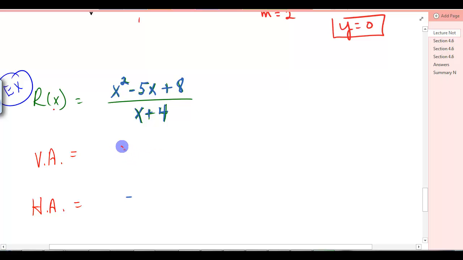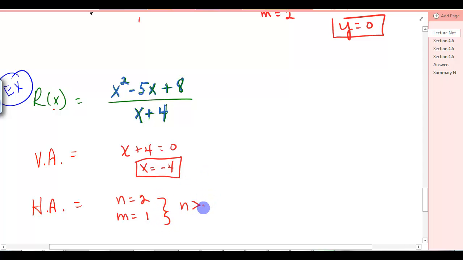Vertical asymptote. We can say x plus 4 is equal to 0, so x is negative 4. We got that one. And horizontal asymptote, we've got n equals 2, m equals 1. That gives us n is greater than m, so there are no horizontal asymptotes.